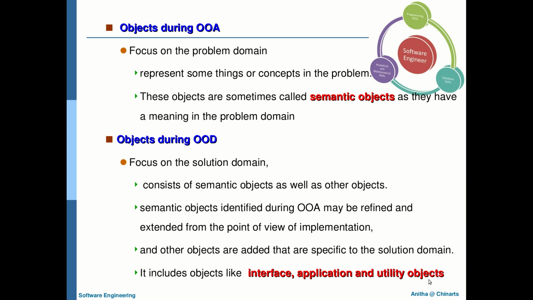So that is the interesting part here. When you have the object-oriented design, you will have lots of semantic objects that are derived from the analysis, right? These semantic objects will have some related objects also. All these related objects will be specific to the solution domain.